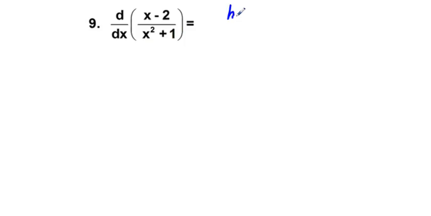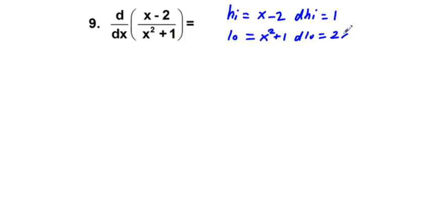The high is going to be x minus 2, and the derivative of the high, the derivative of x minus 2, is 1. And the low is equal to x squared plus 1, and the derivative of the low is 2x.